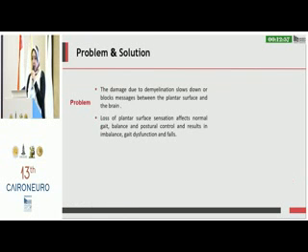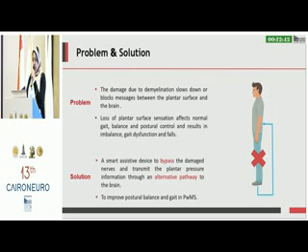The problem is that the damage due to demyelination slows down or blocks messages between the plantar surface and the brain. Loss of plantar surface sensation affects normal gait, balance, and posture control, and results in imbalance and gait dysfunction, and the patient may fall.